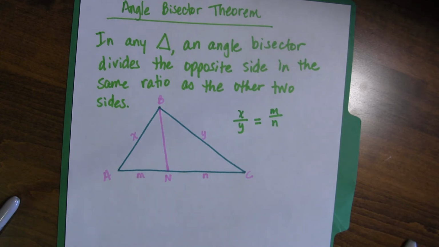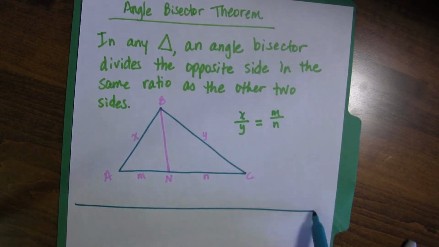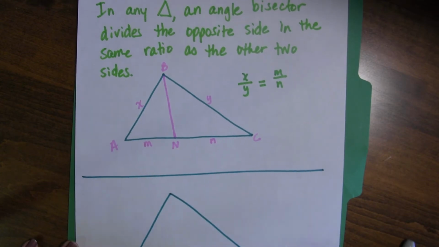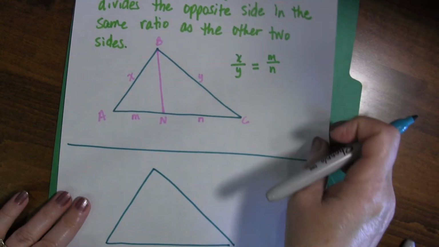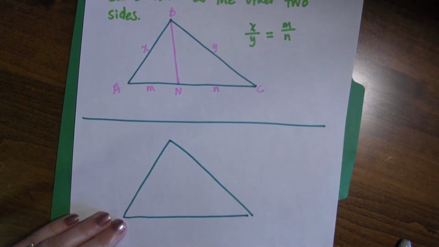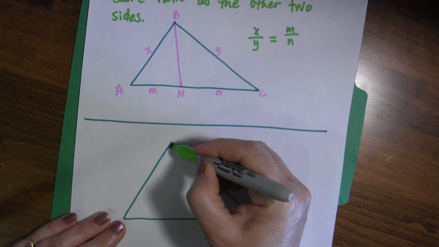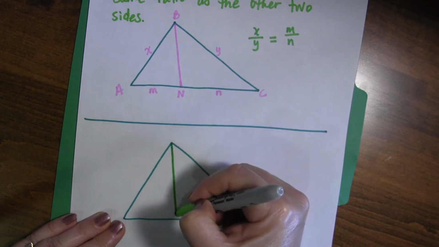Let's do an example so that you can see what I'm talking about. Okay, so now we're done with our notes. I'll draw you another triangle, which you cannot quite see. There we go, okay. And I'm going to bisect that right there.